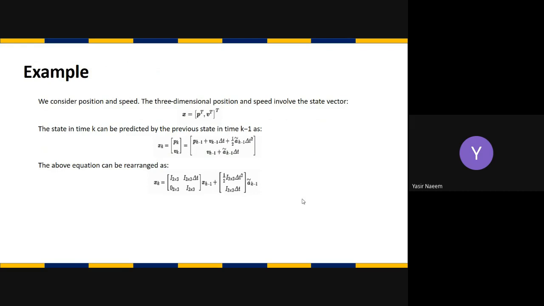Now I will tell you about an example, which is navigation, where the vehicle state's position and speed are measured by utilizing a sensor from an inertial measurement unit and global navigation satellite system. We consider position and speed. And as you can see, the three-dimensional position and speed are involved in the state vector, which is x.